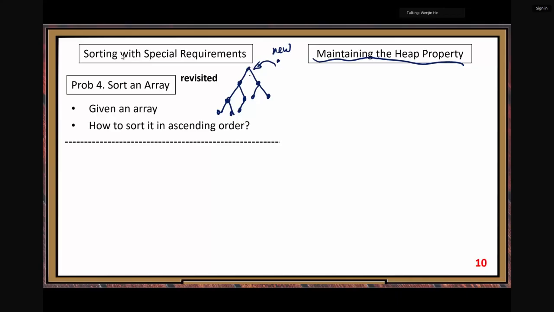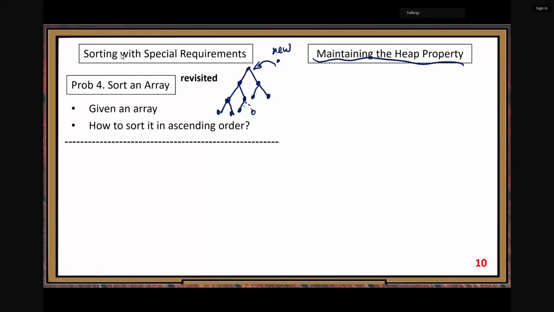So this new node is inserted, and we need to put it somewhere, right? Think about where you want to put this new element. Which location is the most convenient location to put it? Is it this one? Is this location the most convenient?